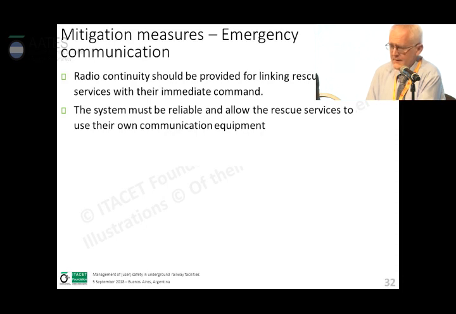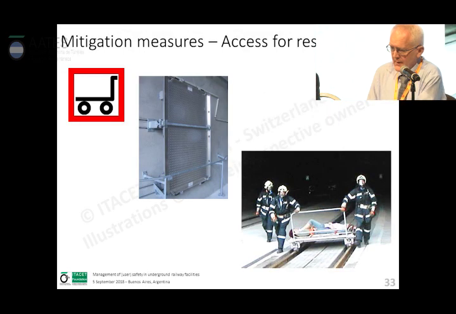Then these communication systems must be as well able to continue service even if there is a severe fire in the tunnel. So it must be a robust system. There are different national standards on this in Europe, at least, so communication, of course, is important.